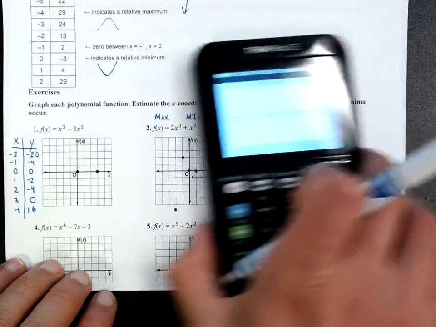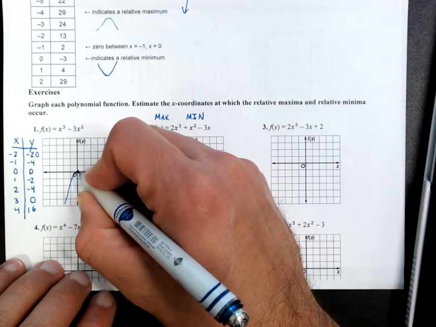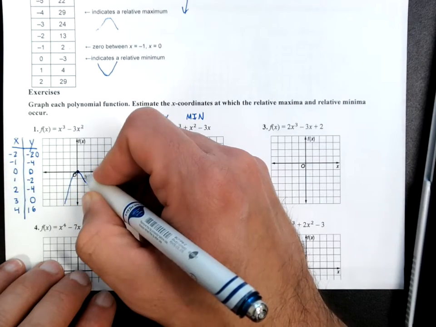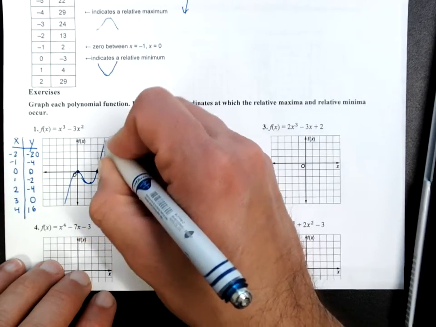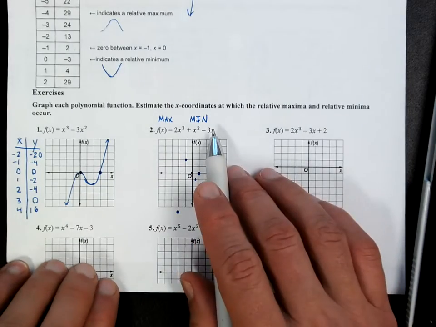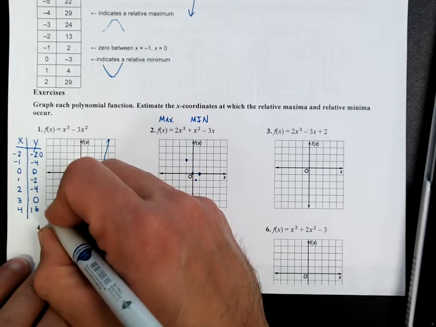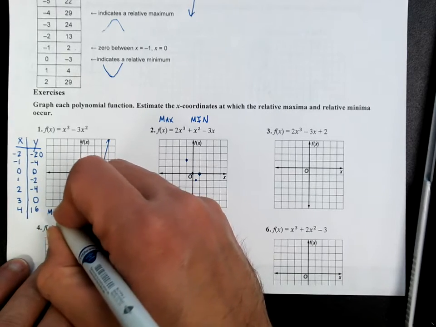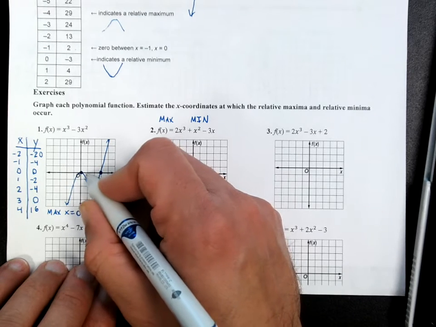Let me draw you the picture first. It says right here, they want to know the x-coordinate at which you have a relative max or relative min. So we have a max at x is equal to 0, and we have a min approximately in between those two, right?